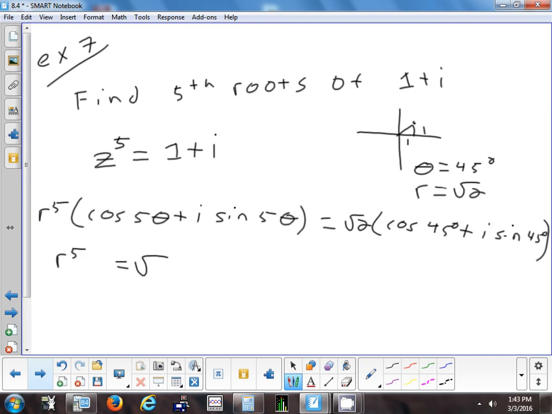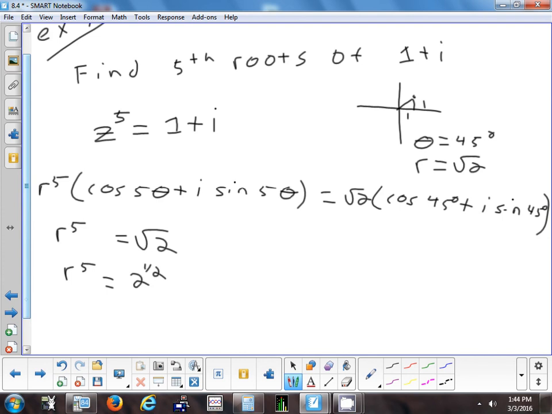And now here's where I want you to think about square root of 2 as a fractional exponent. What's another way to write square root of 2? 2 to the 1/2. Now, what power would I raise each side to cancel out a 5? The 1/5 power.